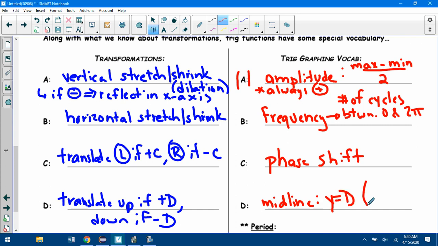And you can think of midline as splits the graph in half horizontally. Okay, so you can see they do the exact same thing. I'm just giving some new vocab with it. And we're going to really delve into what these are in the next few lessons.